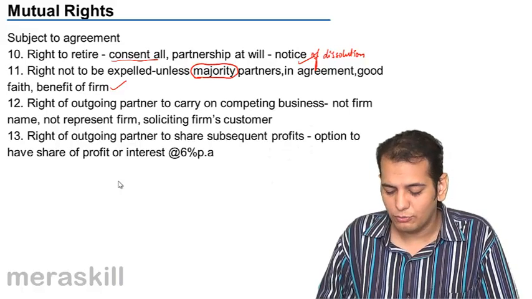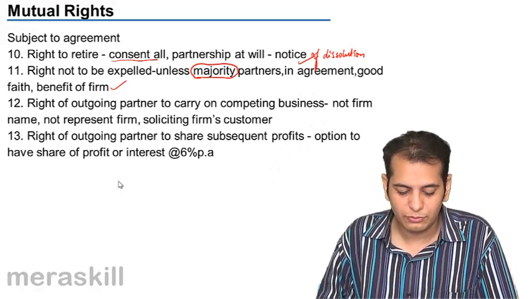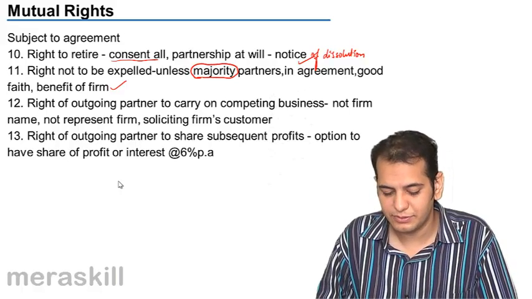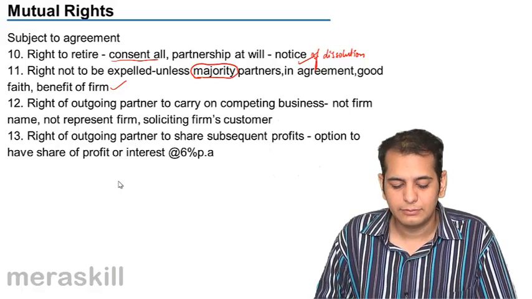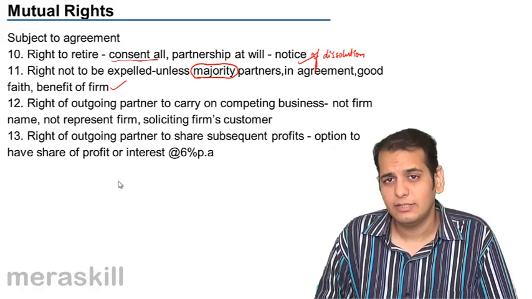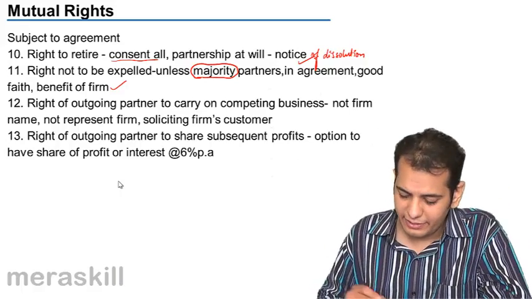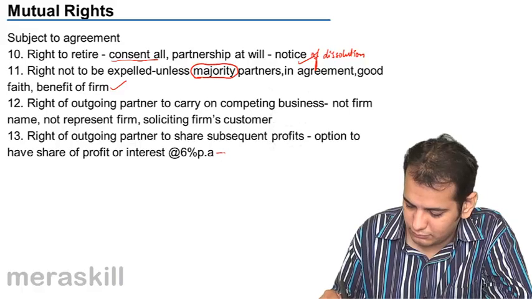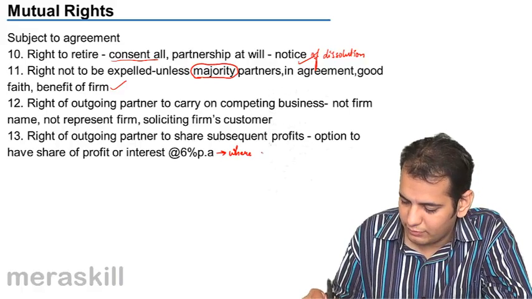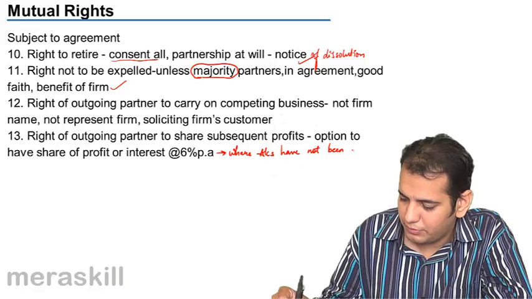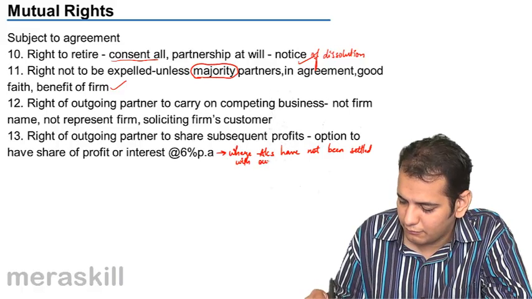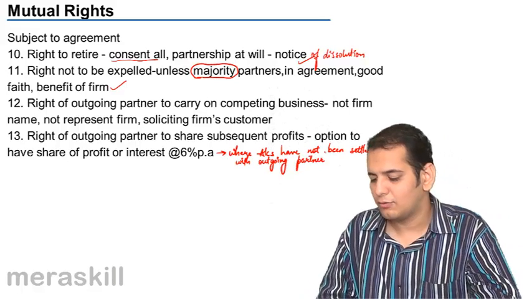Next, right of outgoing partner to share subsequent profits. Option two, have a share of profit or interest at 6% per annum. The outgoing partner has a right to share in the subsequent profits only in the case where accounts have not been settled with the outgoing partner.